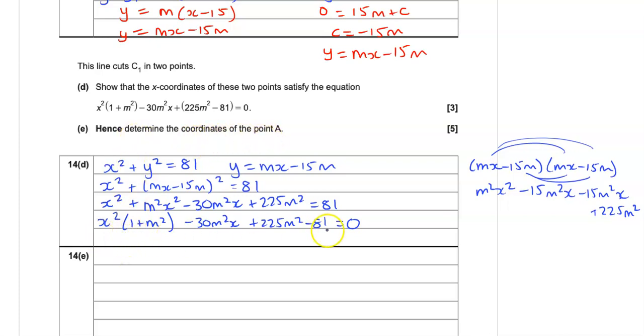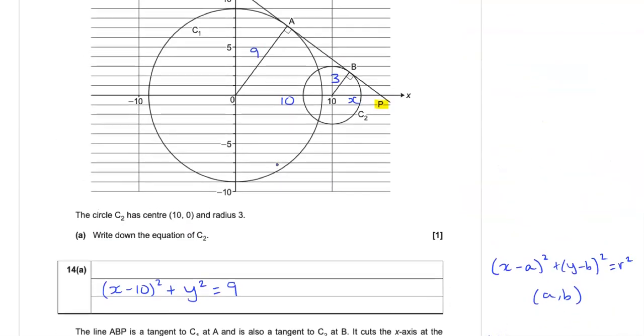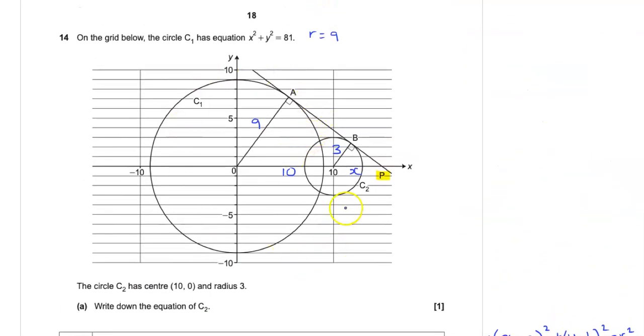Now, in terms of this equation here, this equation gives us the solution of where these two equations are equal. In other words, where this circle and this line meet, that equation gives us a solution.